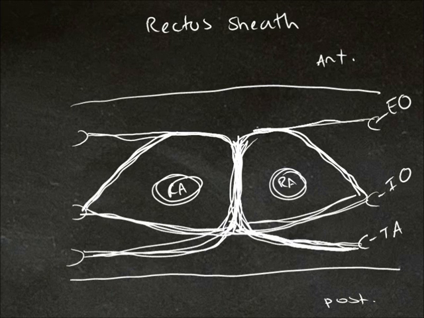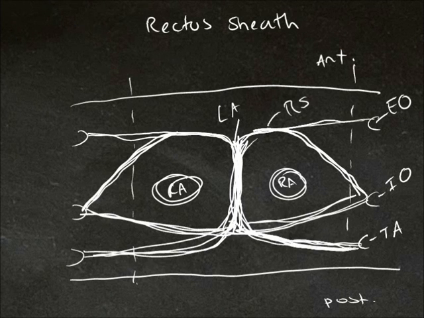And then we have aponeurosis of rectus abdominis laterally, forming the linea semilunaris. So this is the linea alba, this is the rectus sheath, and linea semilunaris is here.